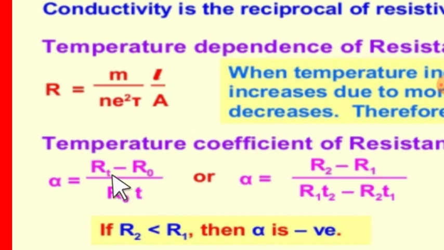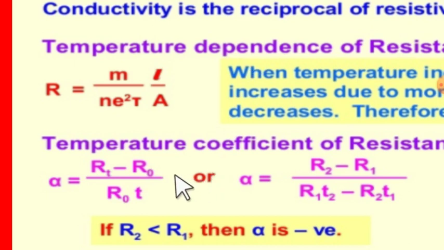So R naught means the resistance at zero temperature, or you can take this as the initial temperature. And when you increase the temperature by, say, small t degrees, let's denote that resistance by RT. R naught is the resistance of that conductor at the initial temperature, say T naught.